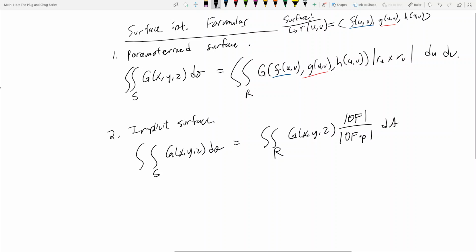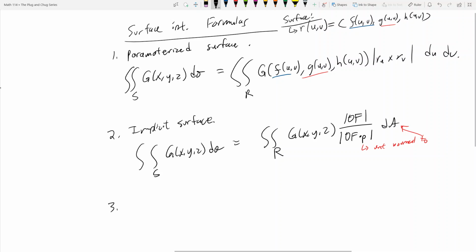Remember, p is some unit normal to dA. If dA was dx dy, then p would be the k vector, or 0, 0, 1, in the z direction. That's an implicit surface. If you don't remember what an implicit surface is, go back to 16.5, where I covered that.